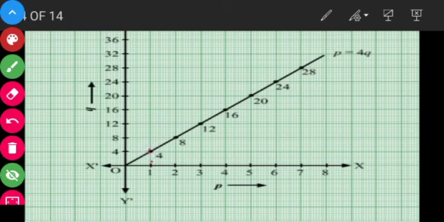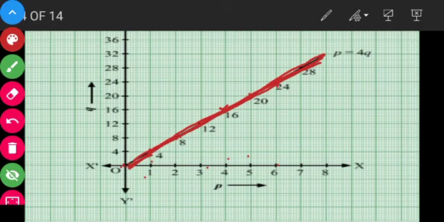When p is 2 then q is 8. When p is 3 then q is 12, when p is 4 then q is 16, when p is 5 then q is 20, when p is 6 then q is 24, and when p is 0 then q is also 0, that means it is the origin. Now join all points, and you will get the required line graph. This is the line graph of p is equal to 4q.